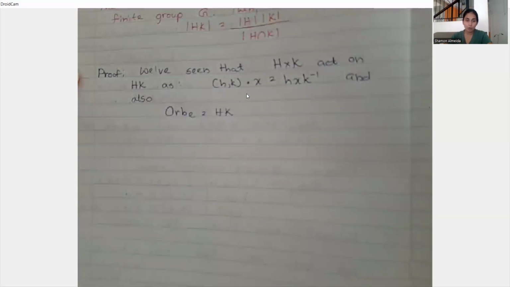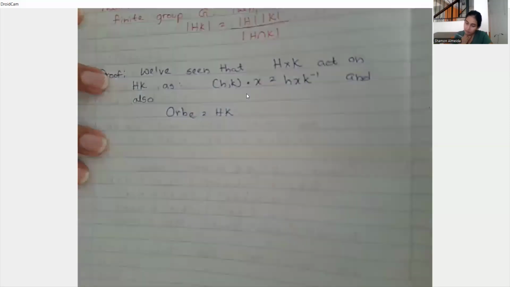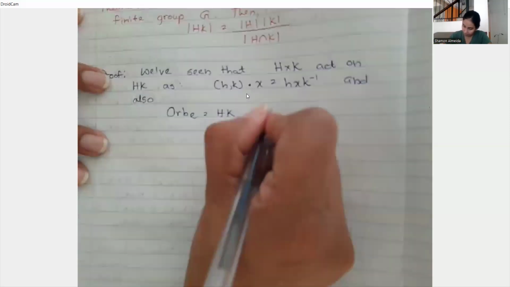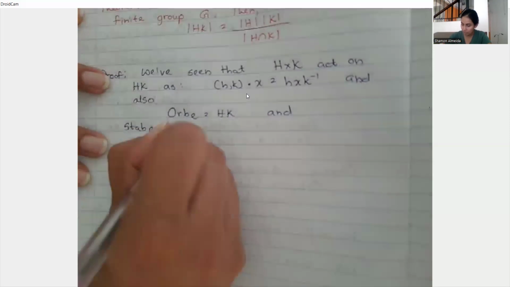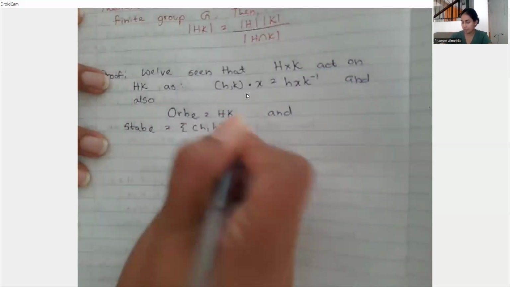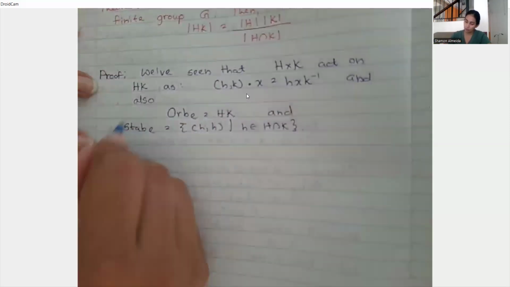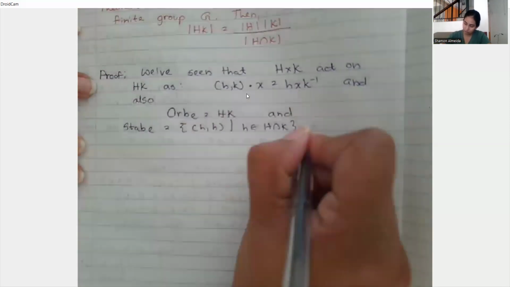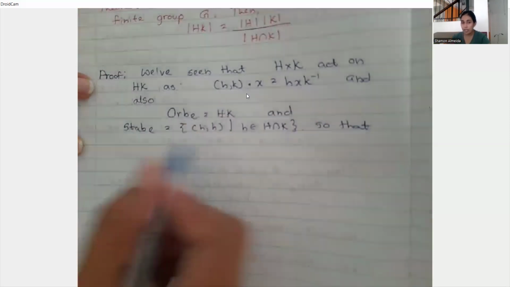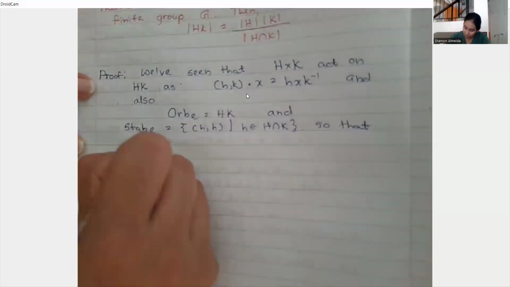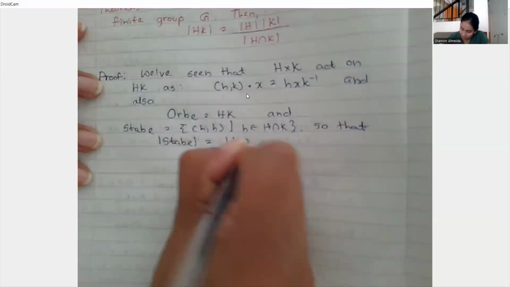Not only this, we've seen that the stabilizer of the identity is given by elements of this form, where h actually comes from this intersection. When you see that the stabilizer of the identity is this, we can deduce the number of elements in the stabilizer must equal the number of elements in this intersection.